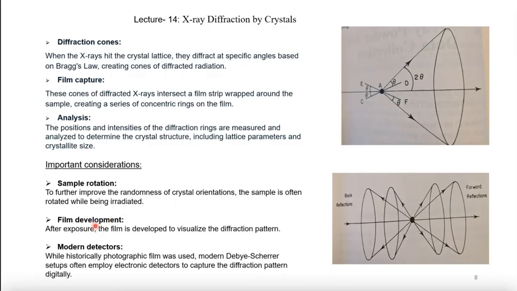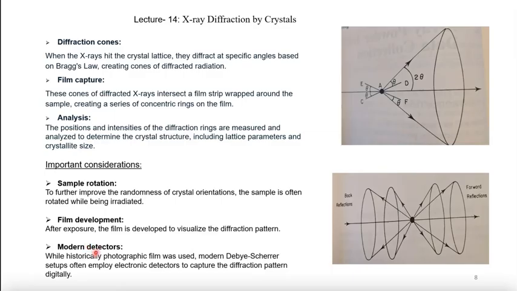Film development: we should set an exposure time depending on the type of materials, their size, and what is in the materials, the type of metals, etc. Depending on these, we set an exposure time and then develop the film for visualization of the pattern.